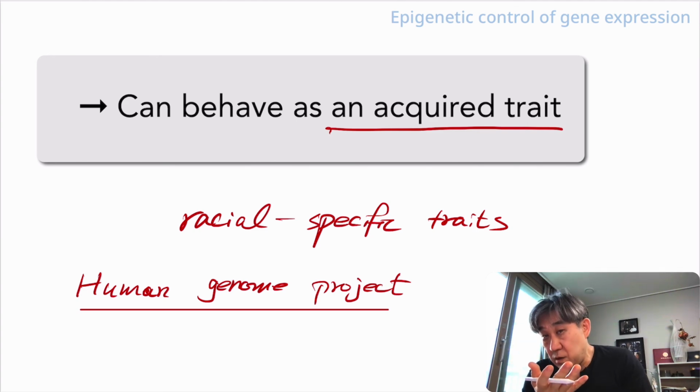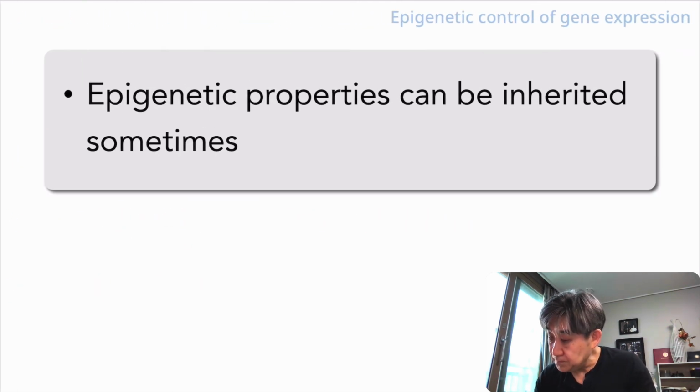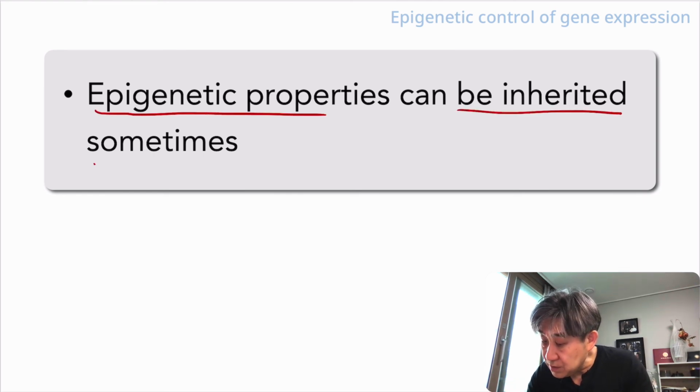So then how else can you explain this? Maybe epigenetics is the only alternative that you can use in the explanation. So the point is, not all but some epigenetic properties can also be inherited sometimes.